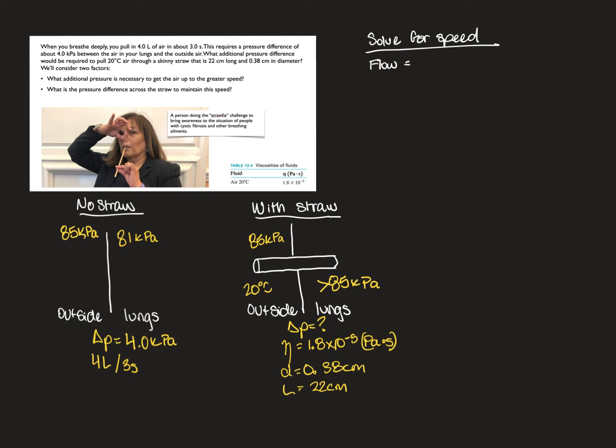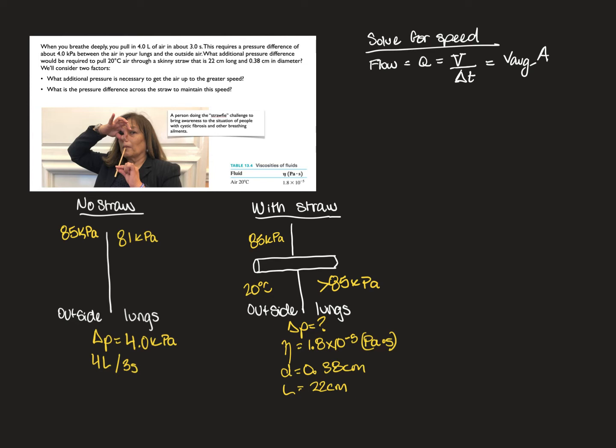And we know that flow is equal to Q, which is the volume in meters cubed divided by the time, and that is equal to the average velocity times the cross-sectional area of the tube. So we need to find basically the speed of the air through the tube. Let's go ahead and do that.